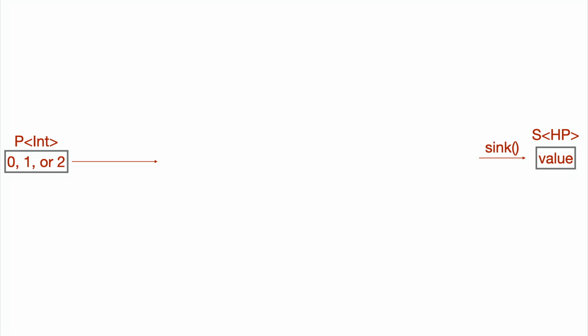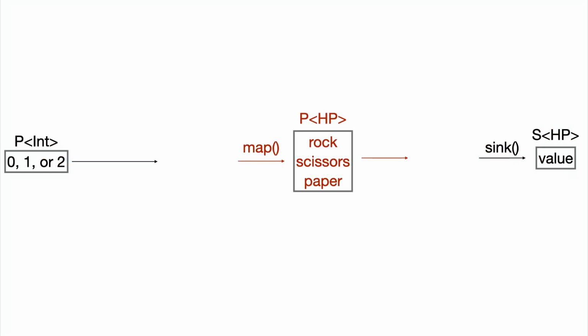And on the right side, we want to subscribe to a hand position, a rock, paper, scissors, and assign that to a value. And so I've got a publisher on the left side, and I sync that into a subscriber on the right side, but the types don't match up. So in between the publisher of an int and the subscriber that wants a hand position, we need to convert these, and we use a map to do that.